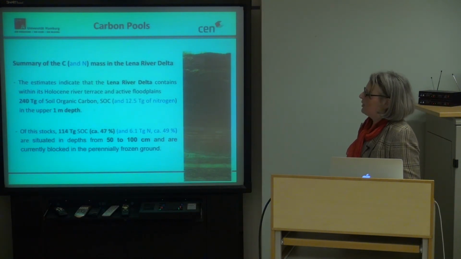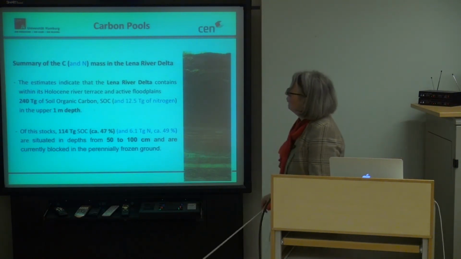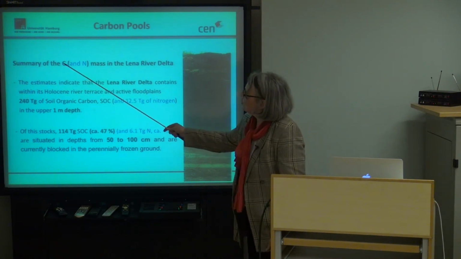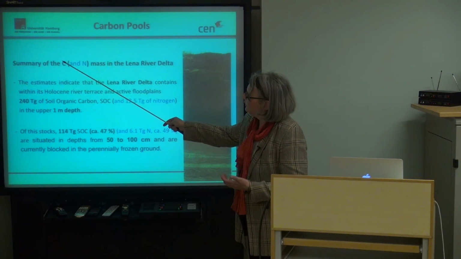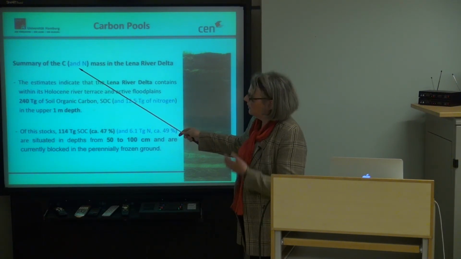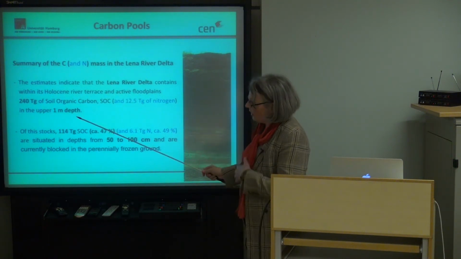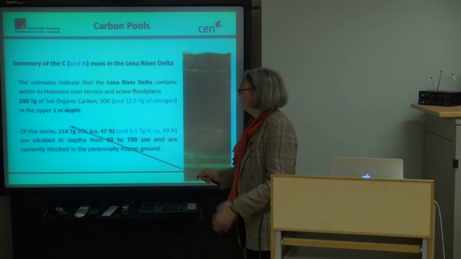Yeah, how to summarize? I hope you can follow me and are not so exhausted at all. I can now show you, talk to you how we worked on the carbon part. We also did it, of course, because we had samples for nitrogen, and did it for sulfur and phosphorus.